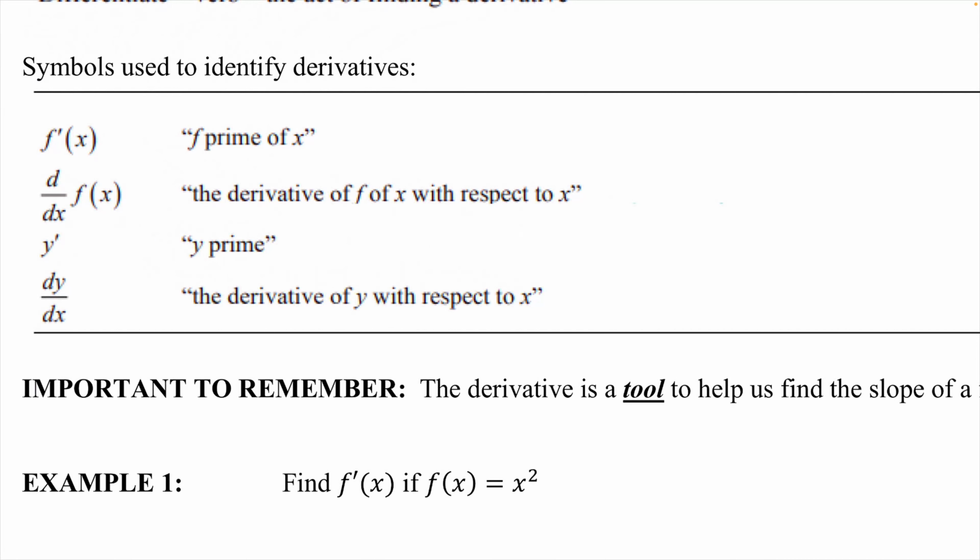So why do we have so many different symbols? Well, it's really because two people, I don't want to say invented because they didn't invent, but they came up with calculus. Who's the most famous one with calculus?